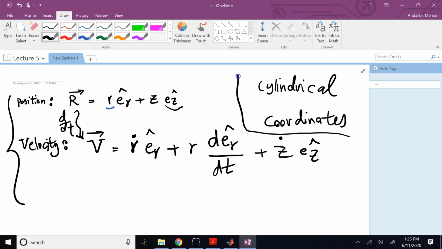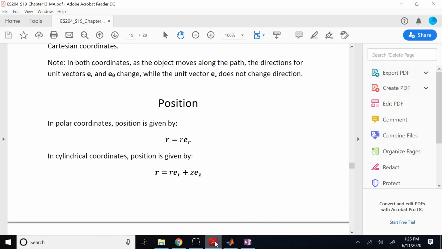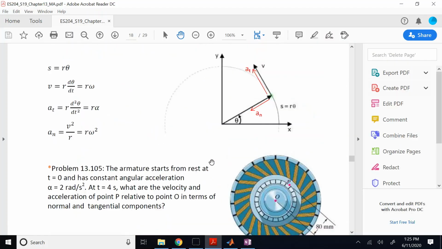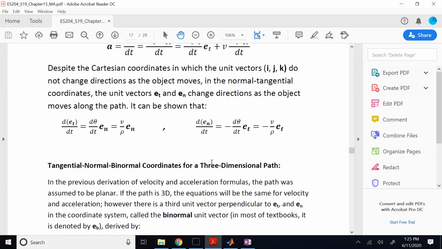Okay, now, everything is clear except for this guy here. DER over DT, what is this? In a very similar manner to what I showed you in the past in tangential coordinates, if you remember, I showed you that DET over DT was something times EN, and DEN over DT was the negative of that times ET.